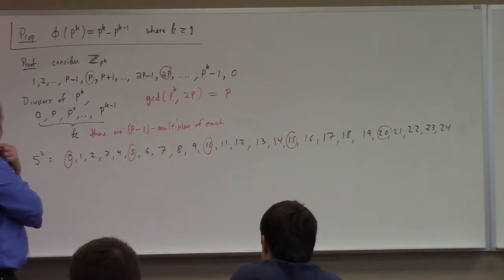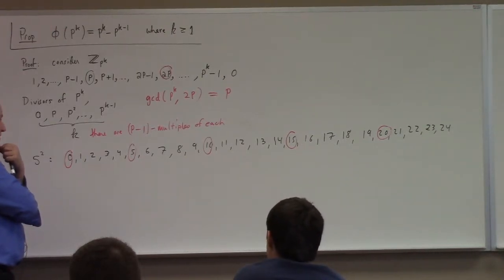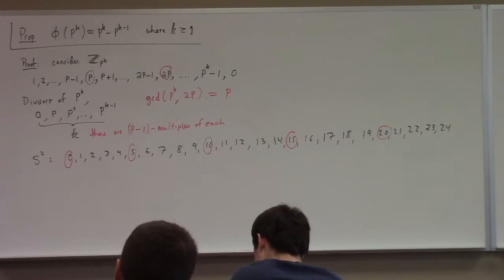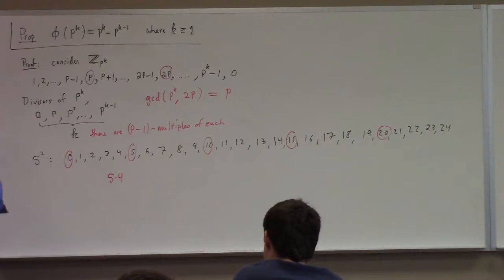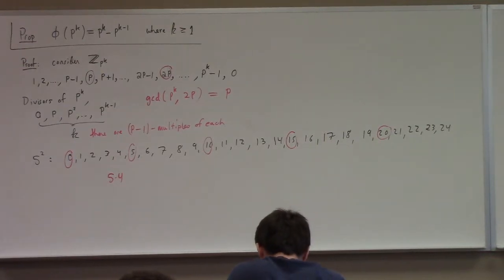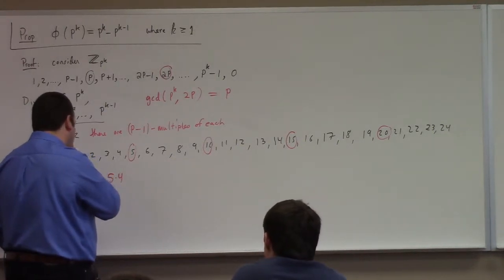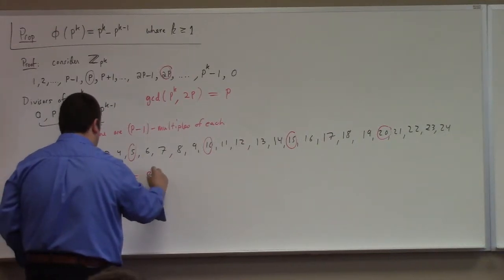Guys, help me out, I'm not good at counting. So 5 times 4 gives me what? And that would be 5 squared minus 5, yeah.